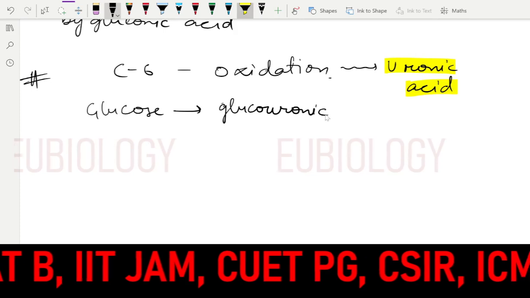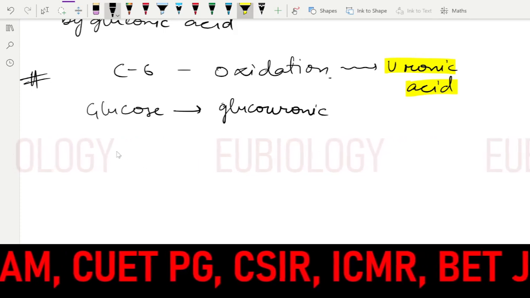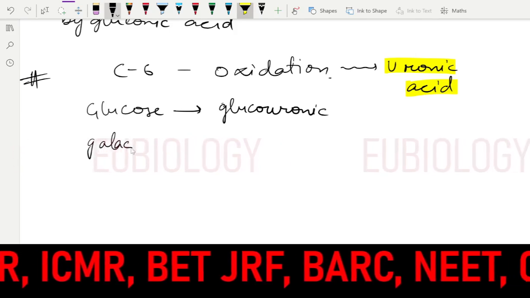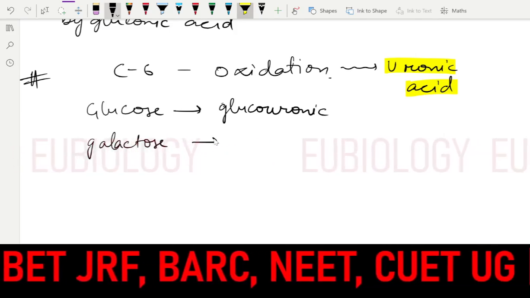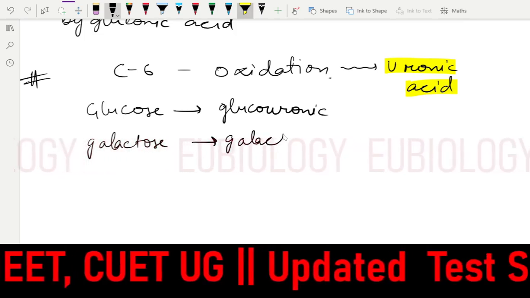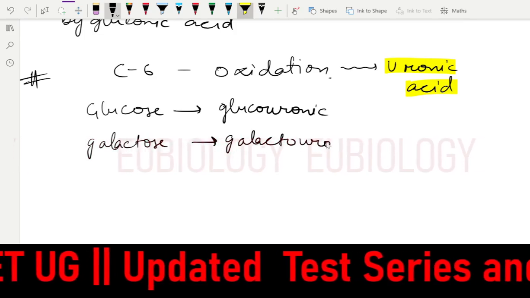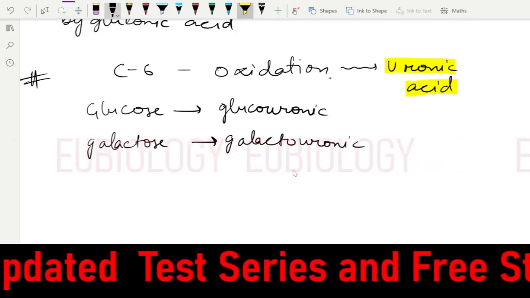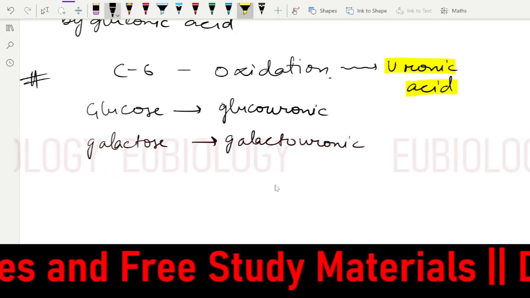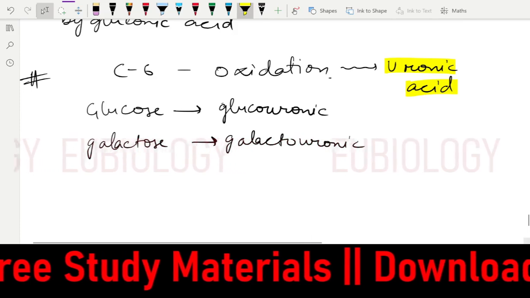In case of galactose, it will be called galacturonic acid. Like that, in case of mannose, it will be called mannuronic acid.